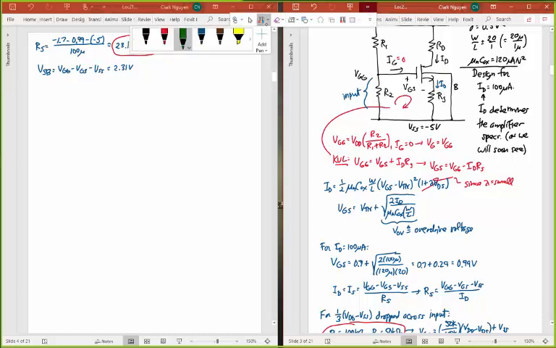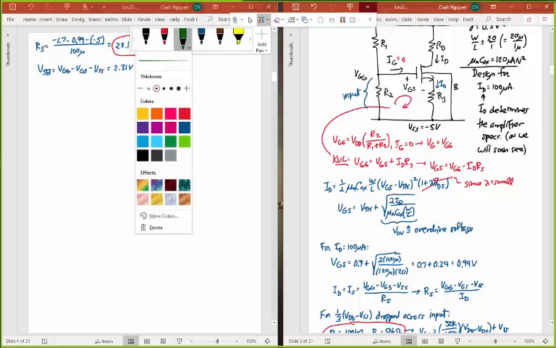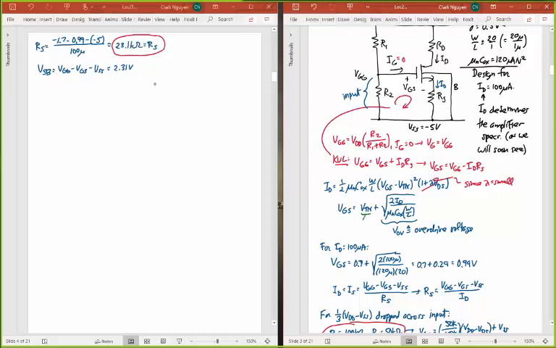I was using a very thick pen in office hours, so I have to change this thickness. Okay, so this VTN is a function of VSB. Remember? And so that specific function of VSB was VTN. Let me go green again here. It is equal to the threshold voltage at 0 VSB, which is what I started with, right?